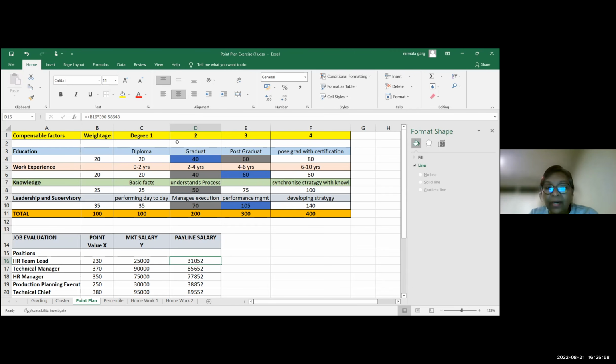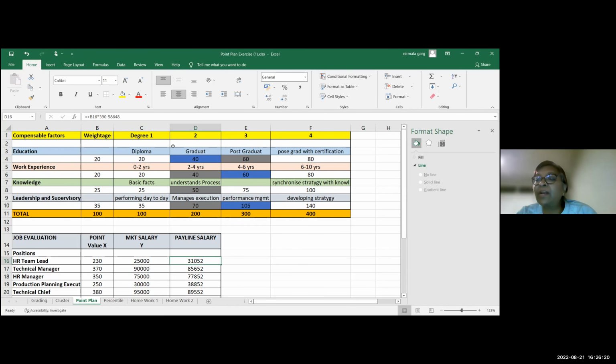Then you will look at, okay, 80-20, so which is higher. So here in point plan, you can have any number of compensable factors like 7, 10, but your degrees of differentiation could be max 5 to 6. Now, you may say, hey, ma'am, is this degree of differentiation the same as grade?